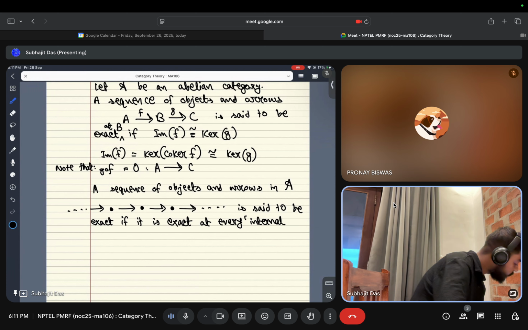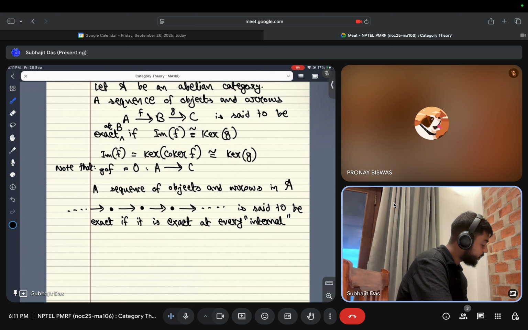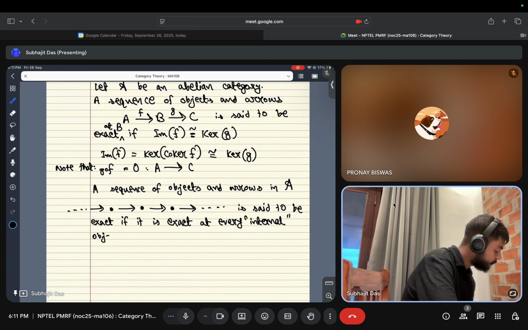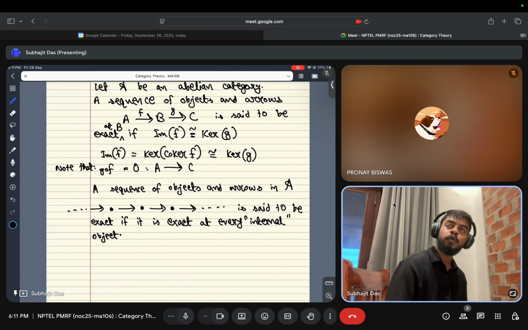I don't really like the choice of the word, but okay. Here internal means an object that is the codomain of some arrow as well as the domain of some other arrow.